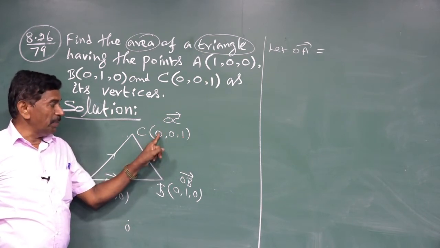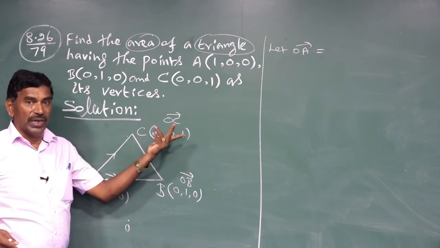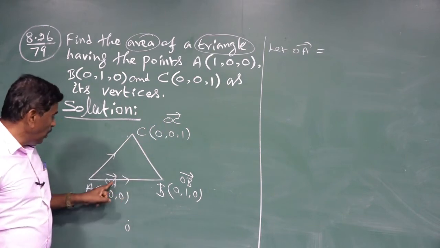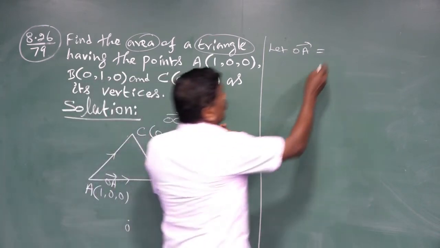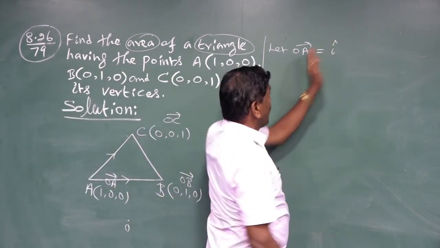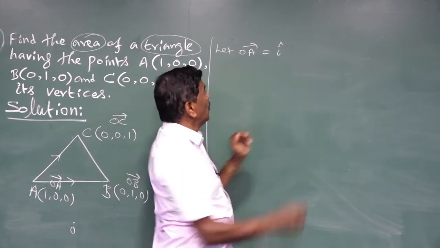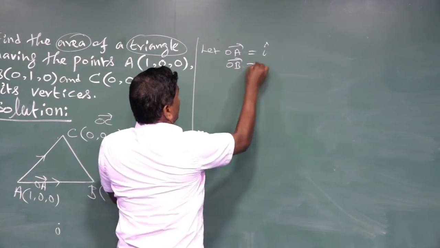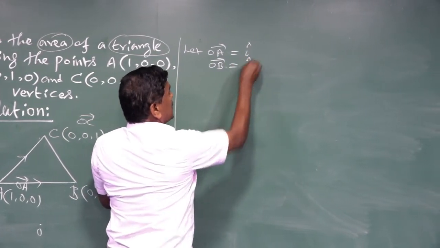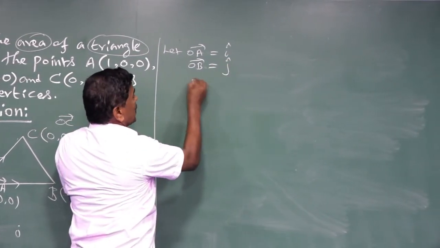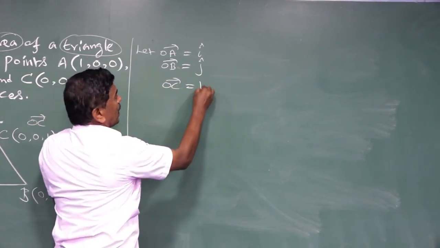Here the 0 i cap plus 0 j cap, no need to write. Next, similarly, OB vector is equal to, yes, very good, j cap. OC vector is equal to, yes, k cap.